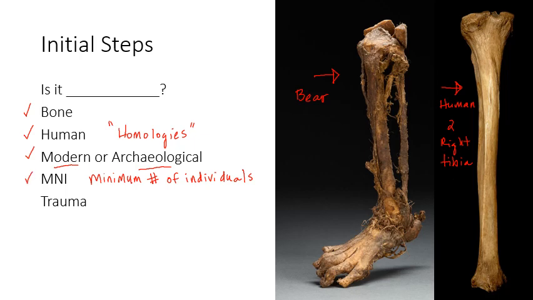And we're also going to take a quick look at those remains and see if there's any evidence of trauma. And that's going to be particularly important if we're looking at a forensic case. And it's also going to be equally important depending upon the type of research that we're doing in archaeology or bioarchaeology.